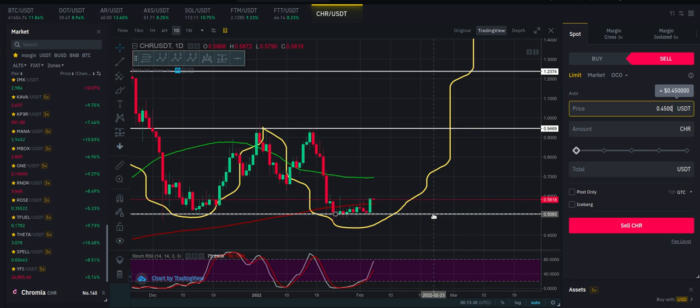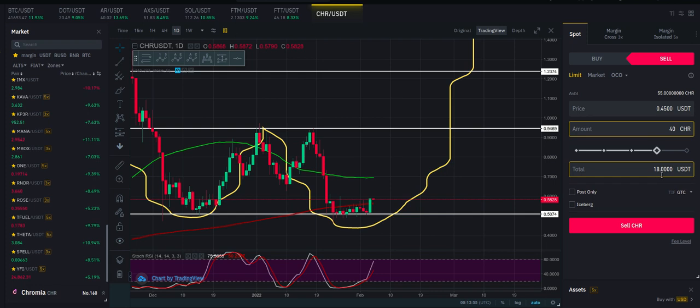That is about 50 cents. So what you need to do here is, you want to sell everything that you bought, which is the 40 Chromium. So you type 40 there, and automatically you know that you are going to get $18.